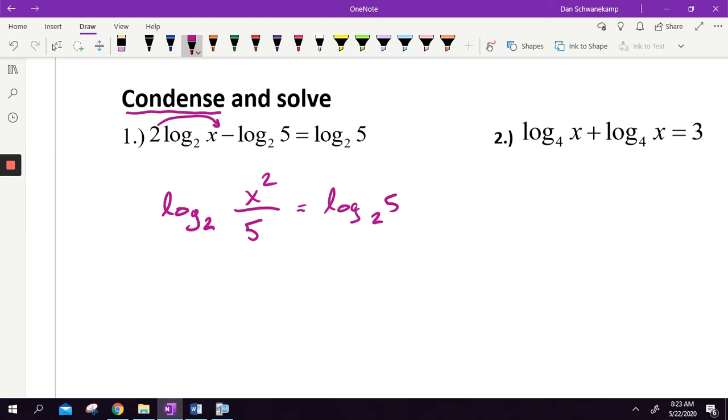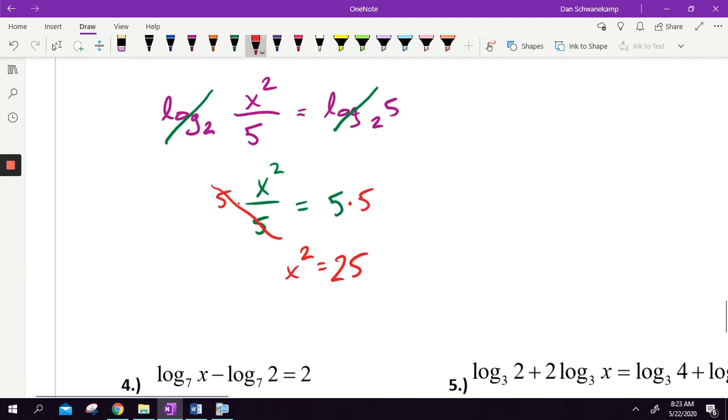All right, so we condensed it first. And why did we condense it? Because if we condense it, now this log base 2 and this log base 2 can cancel. Now I'm just given an easy problem. X squared over 5 is equal to 5. Let's solve it. To get rid of the 5, I'm going to multiply by 5. To get rid of this 5, I'm going to multiply by 5. Boom. That's going to go away. X squared is 25.